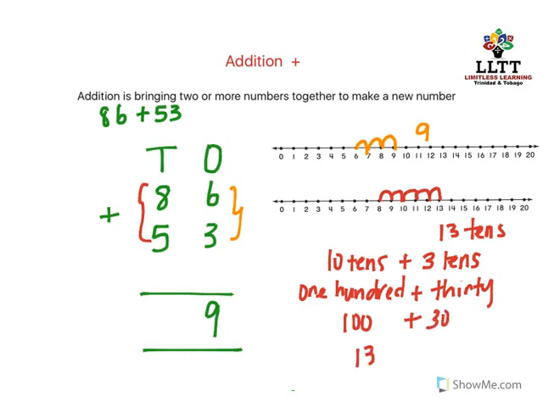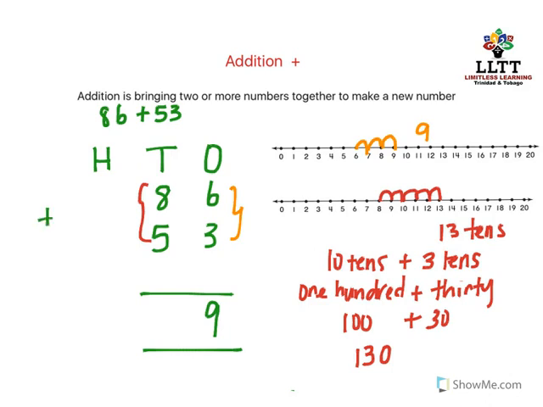So this is 130. That's 1 hundred, 3 tens, and 0 ones. So I'm going to put in my hundreds column. Put back my addition sign on the outside.